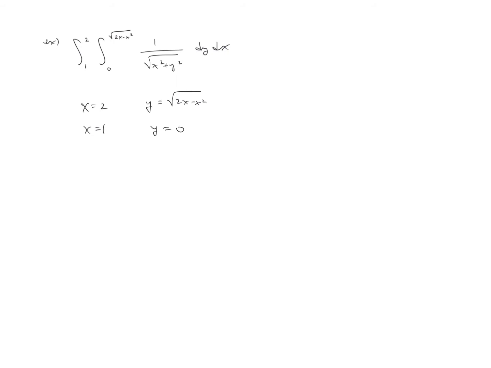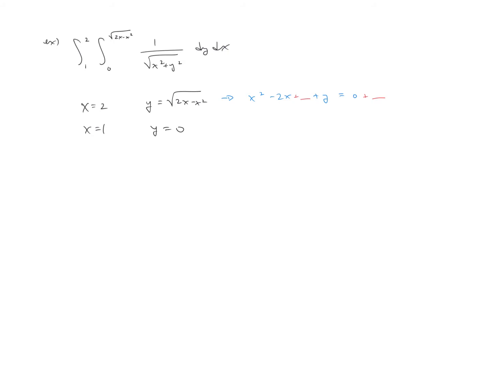Now, all of them are pretty straightforward except maybe this guy here. So let's take a look at this a little more closely. If I square both sides there and move some things around, I'm going to get x squared minus 2x plus y squared equals 0. Now, I left that blank there for a reason. We're actually going to complete the square here, so I'll put these blanks in.